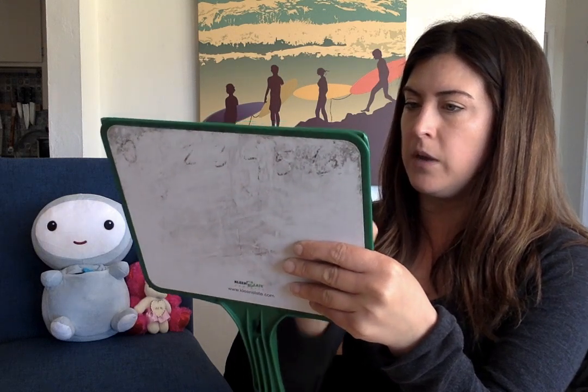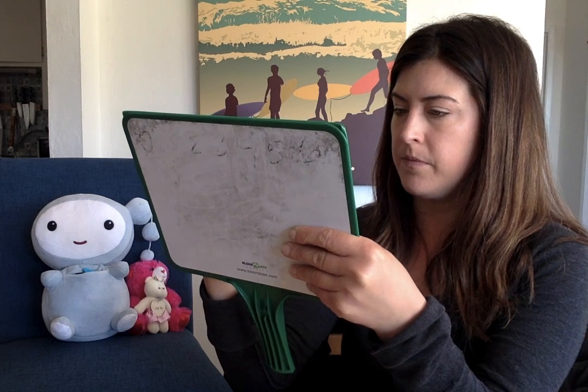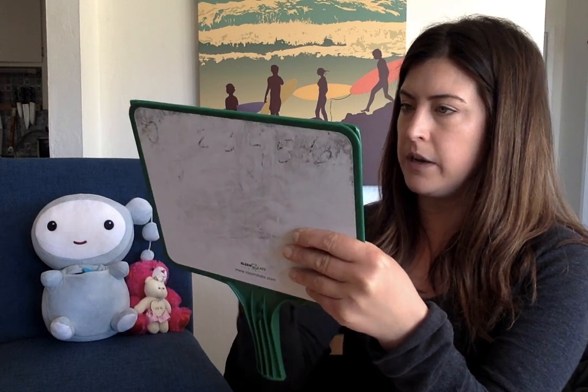Think about how many we have all together in the group. That number goes at the top. And then how did we break that group apart?